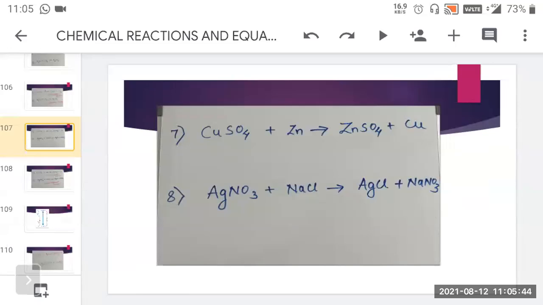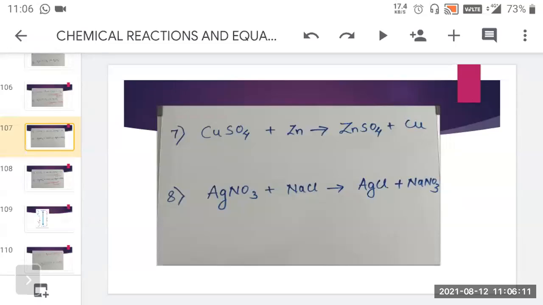In the product side, we get ZnSO4 and Cu. Now always remember, in a single displacement reaction, you should know the reactivity series. Only in single displacement reactions is the reactivity series chart applicable; otherwise, it is not applicable for any other reactions.